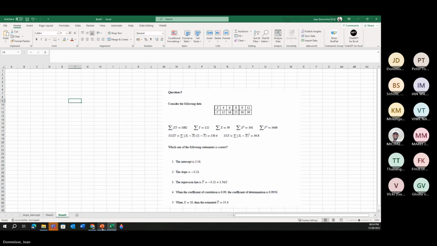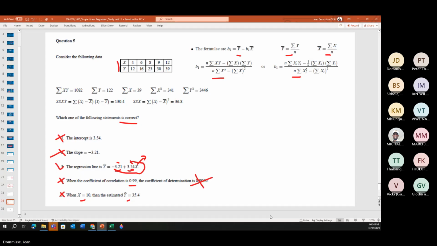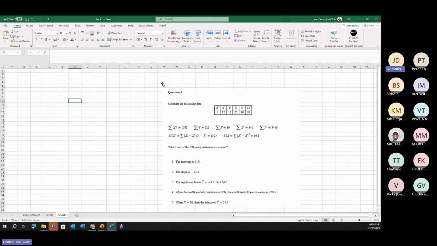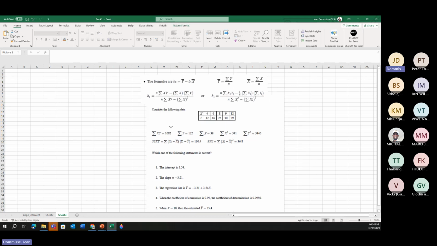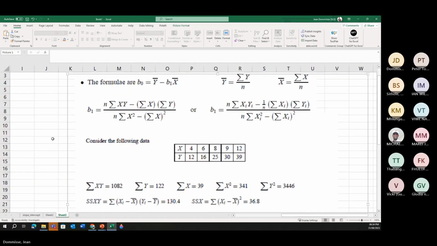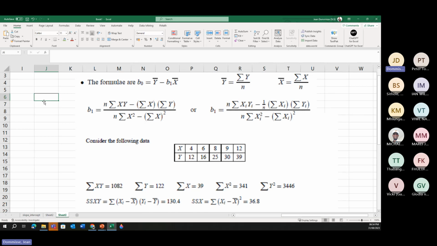Okay, and let's just add this formula onto that Excel as well. So if we now had to work this out, we could say, let's use the information we know.